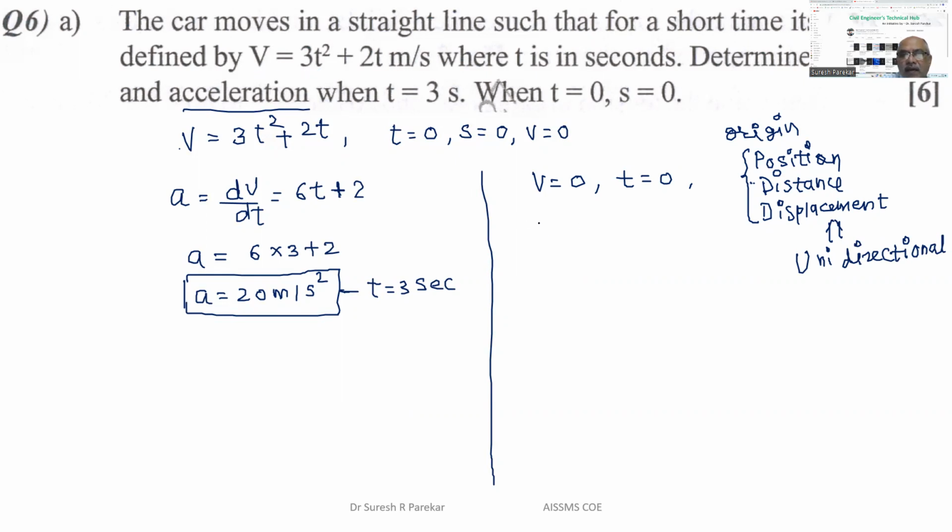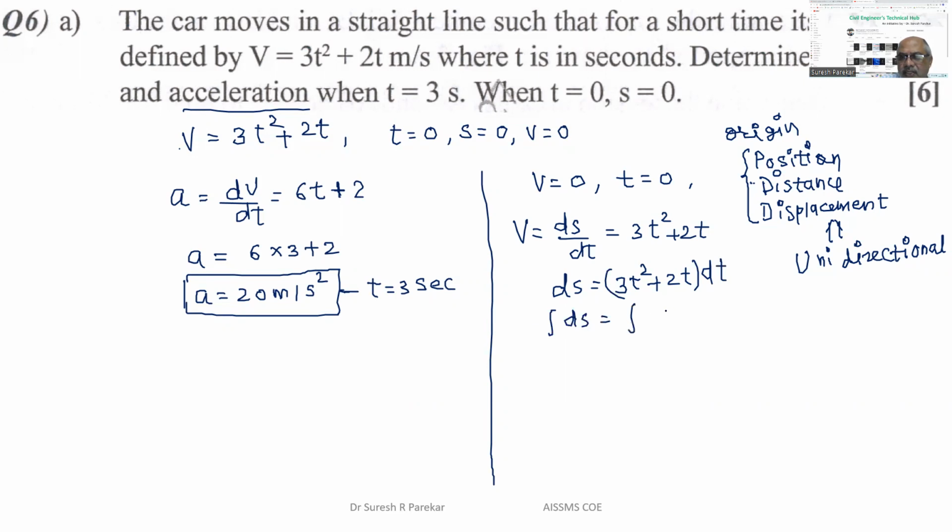Now we have v equal to ds upon dt, and that is equal to 3t square plus 2t. Now rearrange the terms. We have ds equal to 3t square plus 2t into dt. Then integrate both sides. So we have ds equal to integration of 3t square plus 2t into dt.